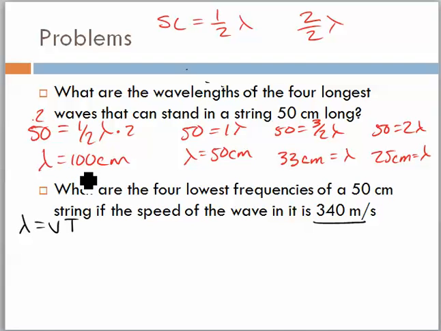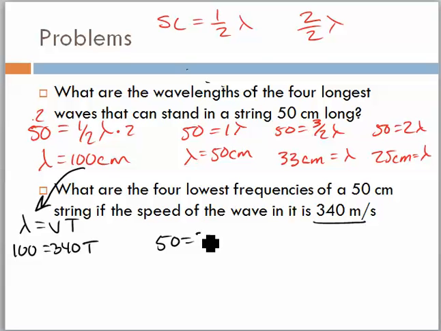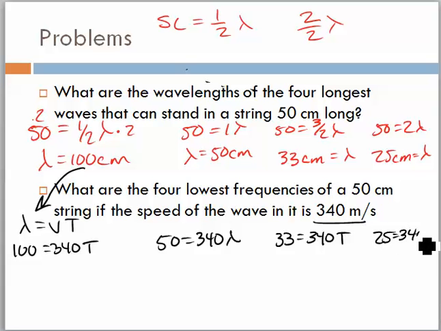My first one then is going to be 100 equals 340, solve for the period. The next one is 50 equals 340, solve for the period. The next one will be 33 equals 340, solve for the period. And my last one would be 25 equals 340, solve for the period.